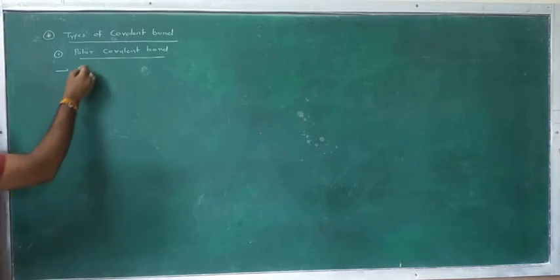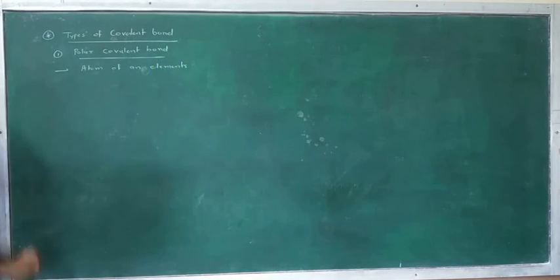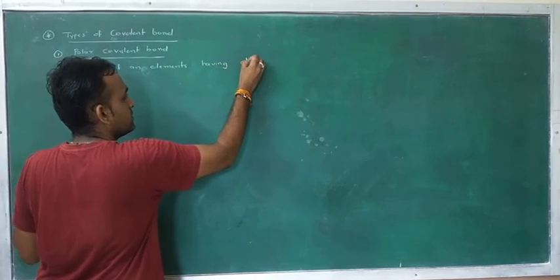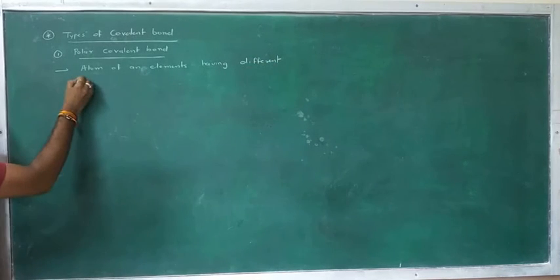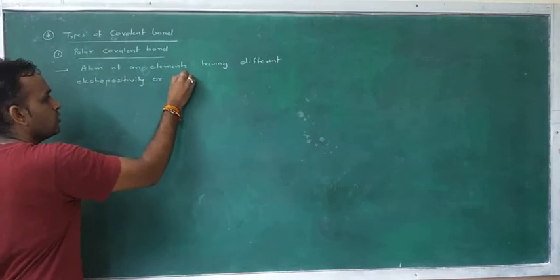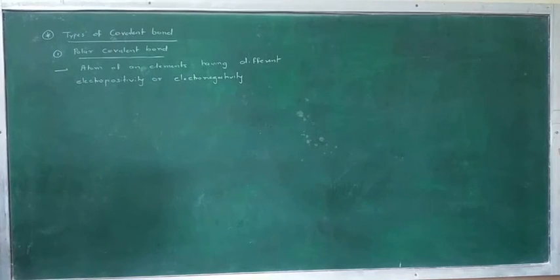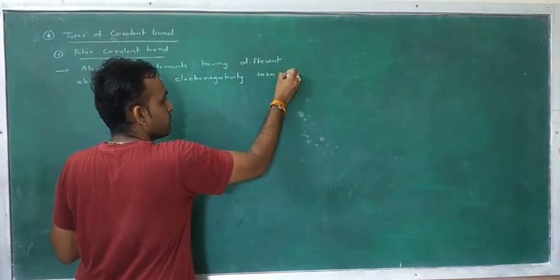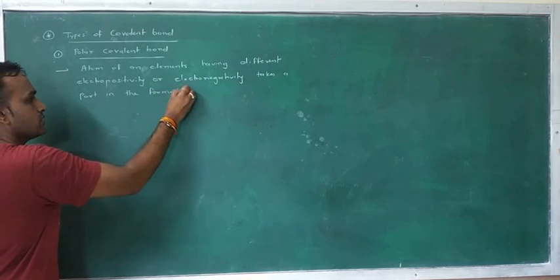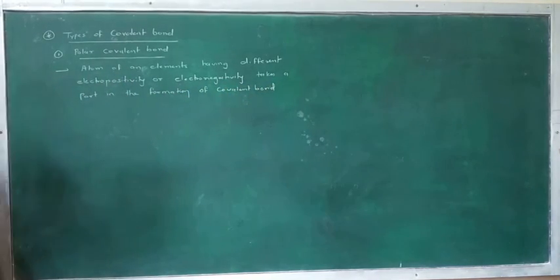So I can write down: atoms of elements having different electropositivity or electronegativity taking part in the formation of a covalent bond is called a polar covalent bond.